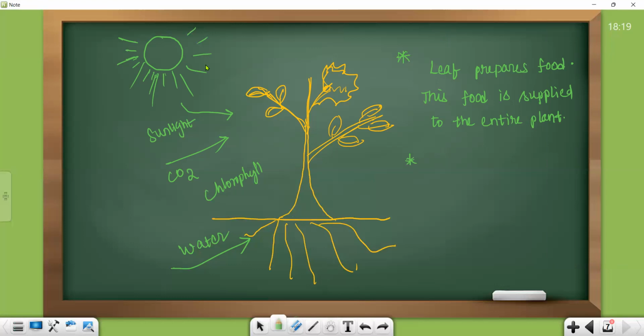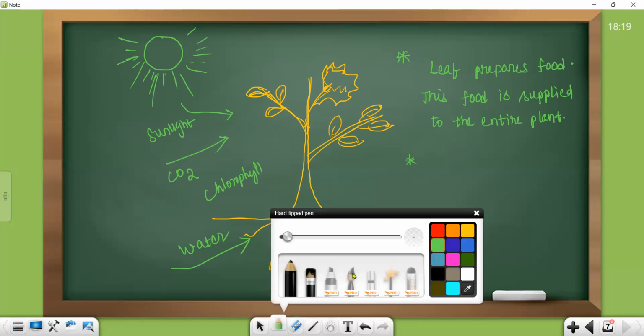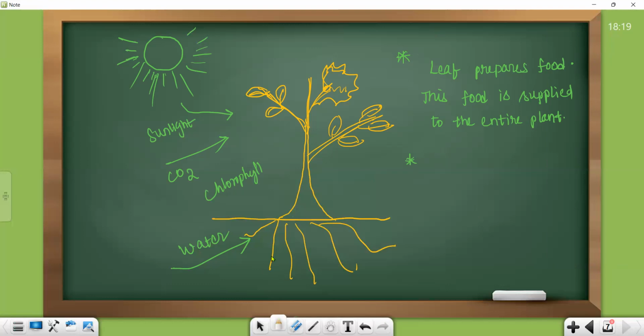Now, next process, transpiration. When the sun is there, due to the sun, the water gets evaporated. Where will water generally be in a plant, students? In the soil. The roots take it from the soil into the plant.